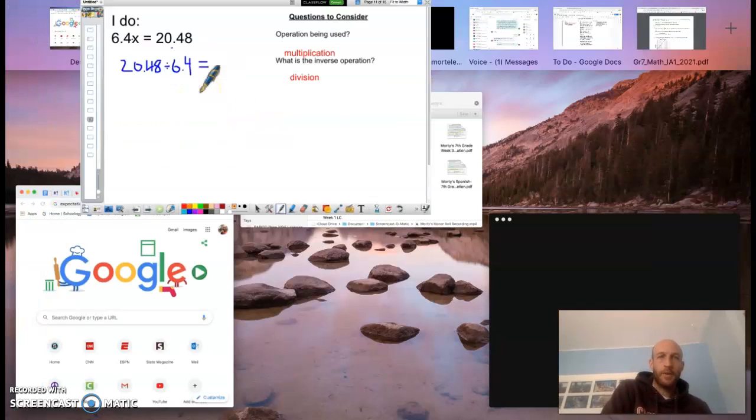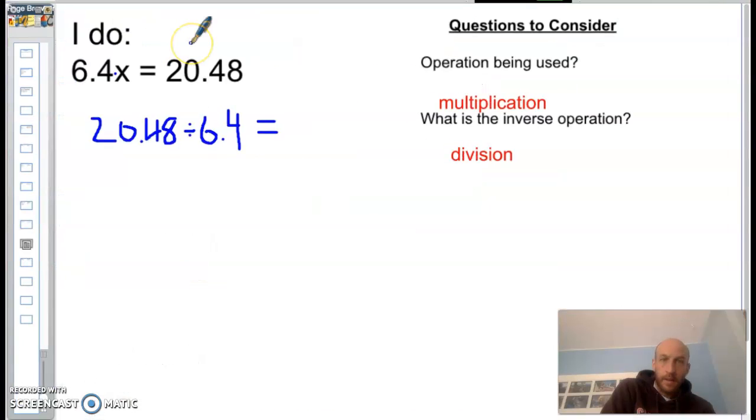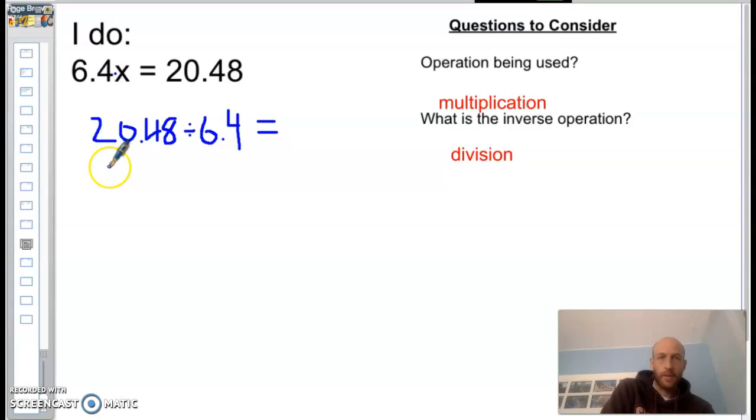So let's go to our calculator. 20.48 divided by 6.4 equals 3.2. X equals 3.2.